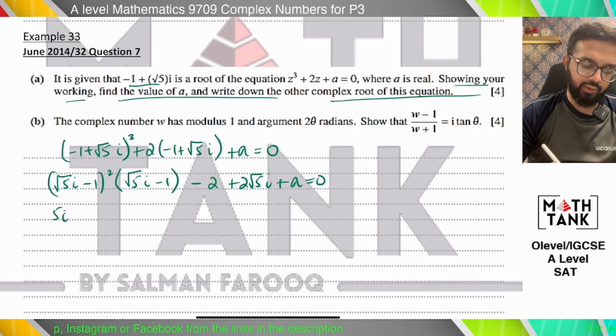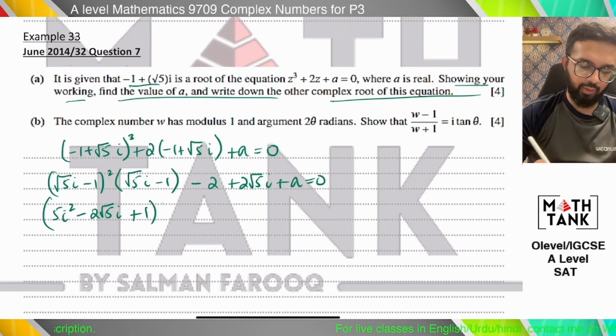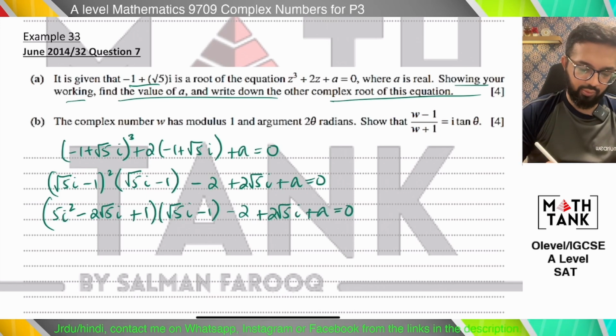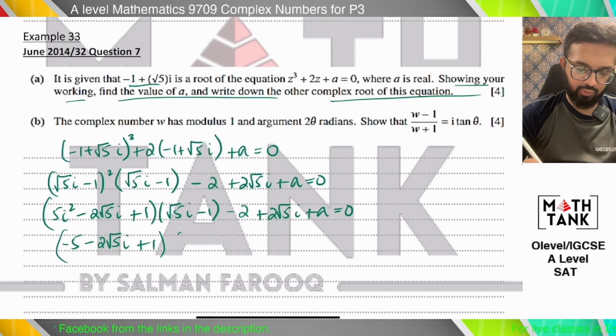So that becomes 5i squared minus 2 root 5i plus 1.